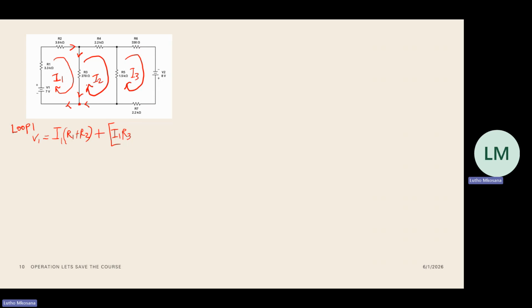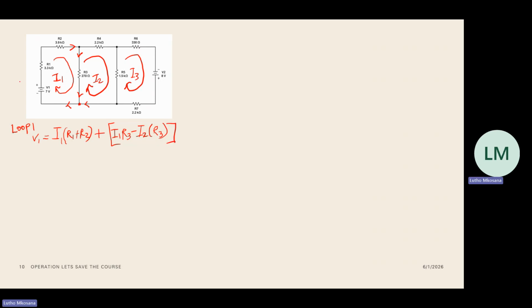And then in the opposite direction, because I1 goes in that direction, but I2 flows up in the opposite direction, which is against, which should be a negative I2 multiplied by R3.